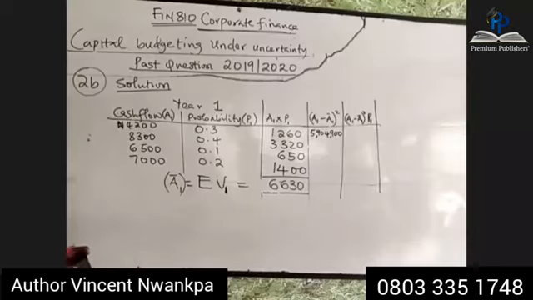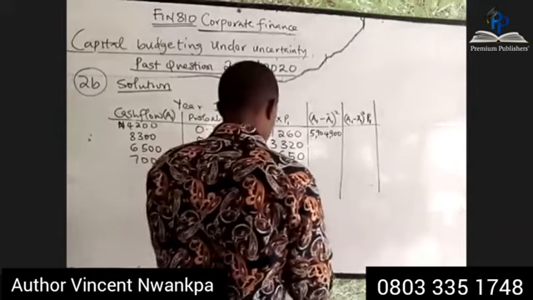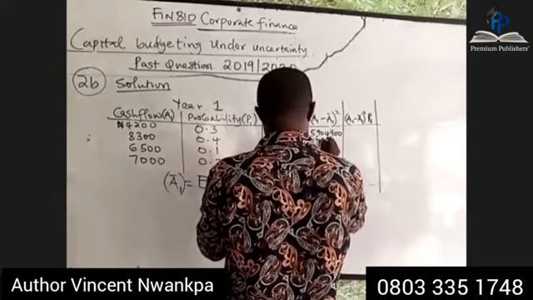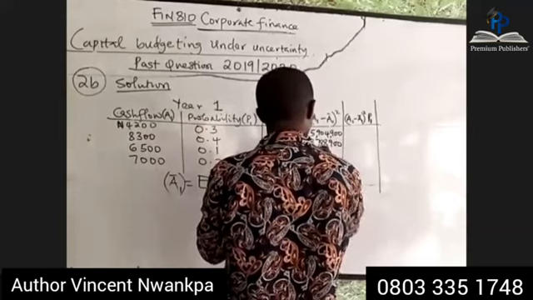So my friend, look at that calculator. The next one is 8,300 minus 6,630, as usual, square. It should be equal to 788,900. Good.